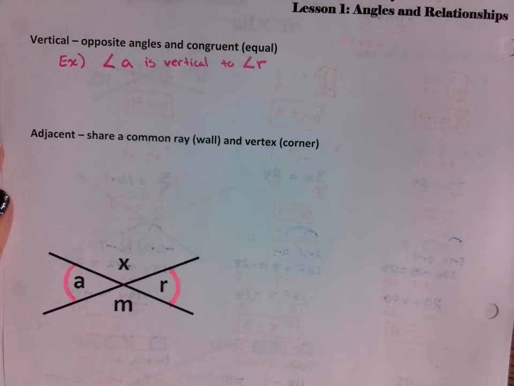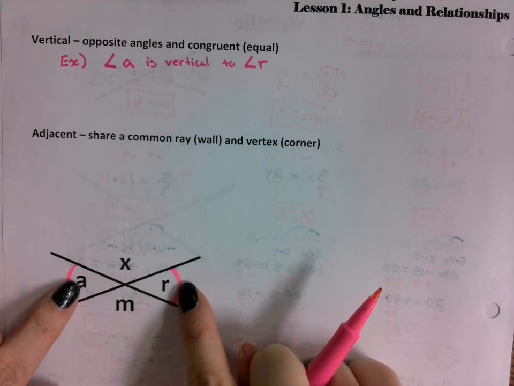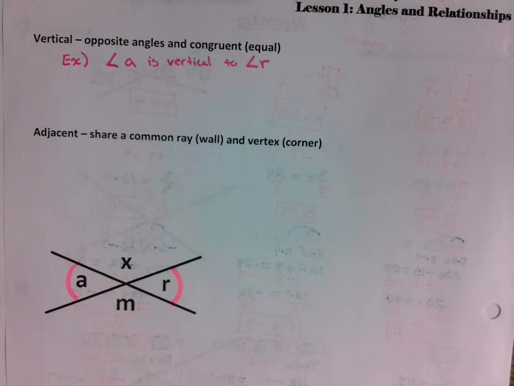Kind of think of it like neighbors. If you live in a neighborhood, you have how many next door neighbors? At most, you can have how many next door neighbors to you? 2, right? You can have one on one side and one on the other side. Next door neighbors, next door to you means that you share something in common.